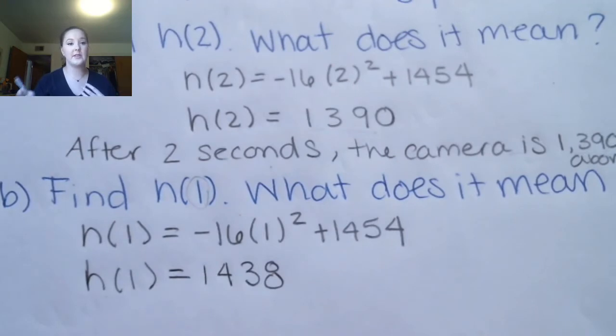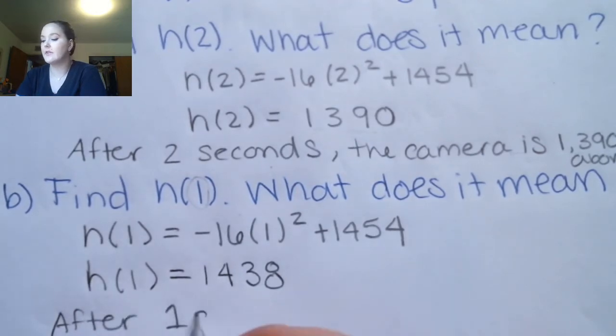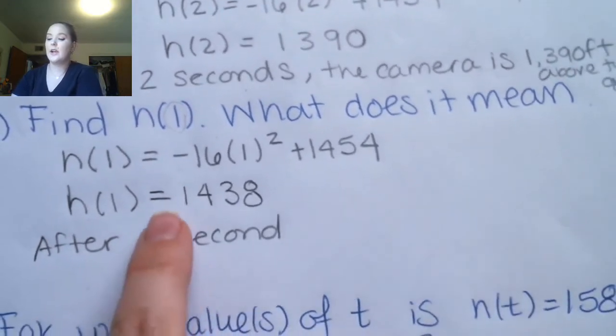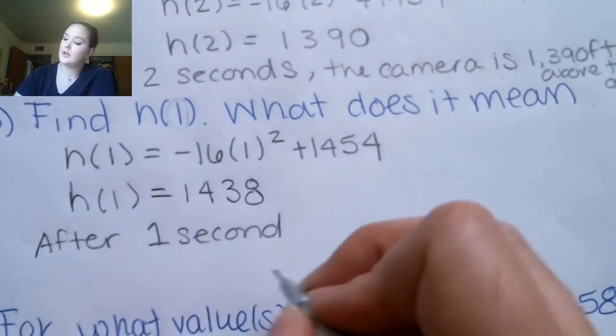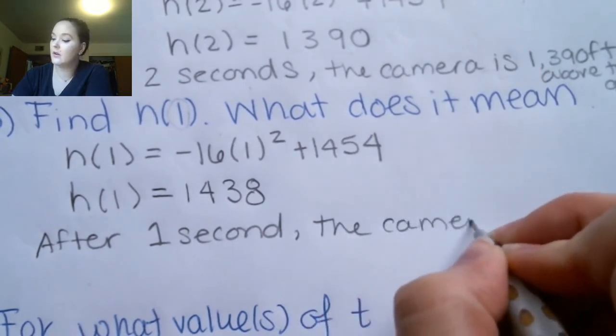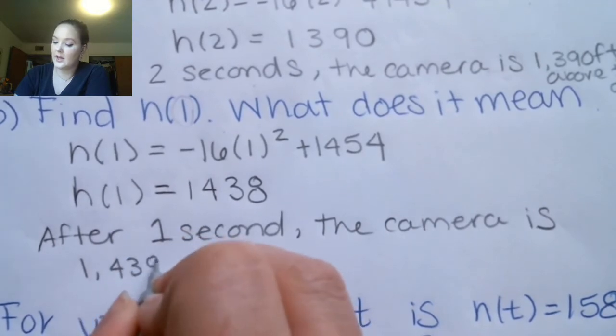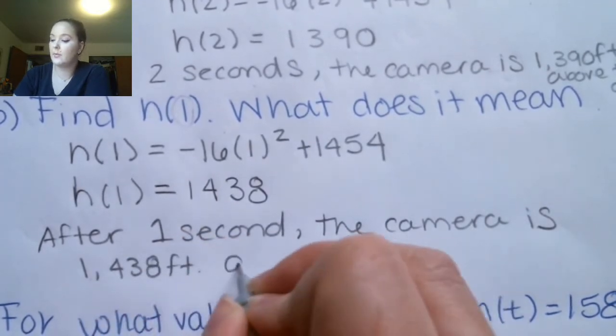So again, the t value, which is 1, is time. So this is going to be after 1 second this time. Okay. And now the height is 1438. So we would say the camera is 1,438 feet above the ground.